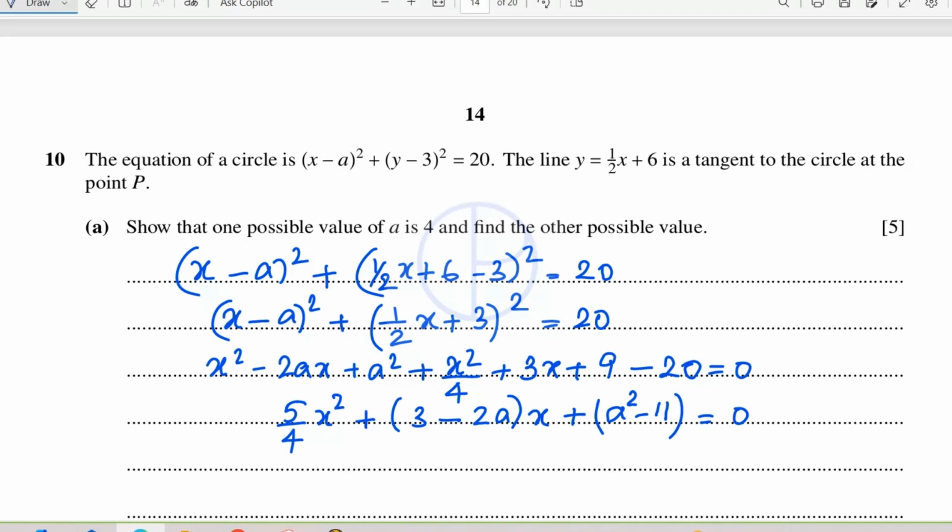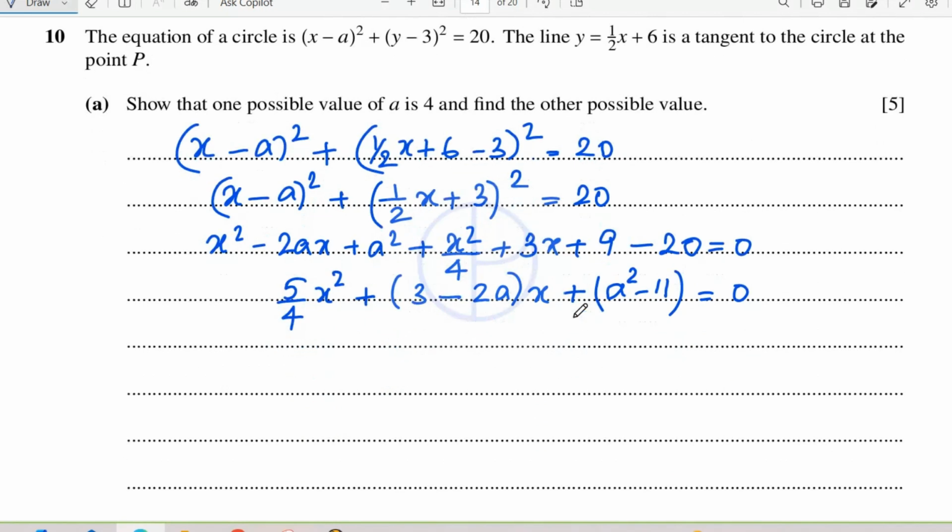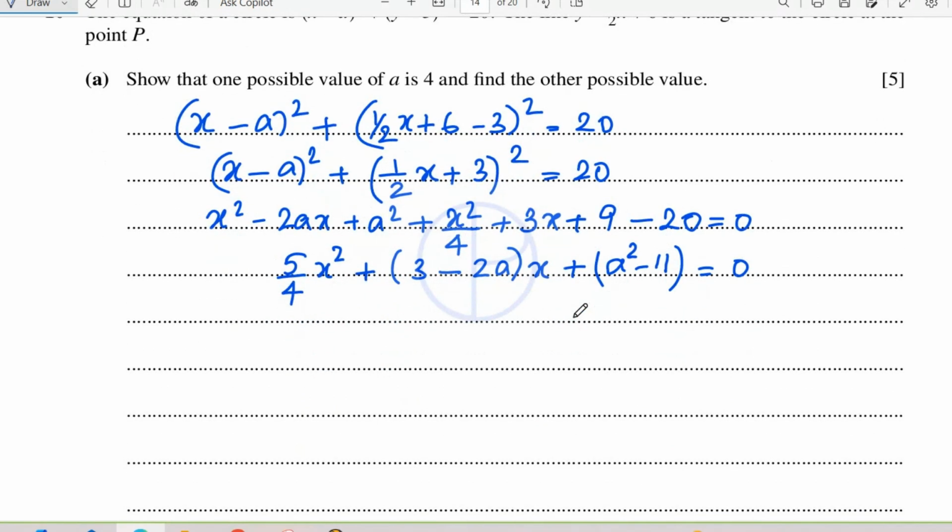This is of the form ax square plus bx plus c is equal to 0. It's a quadratic equation. So it's given the line is a tangent. So in this case, b square minus 4ac is equal to 0.